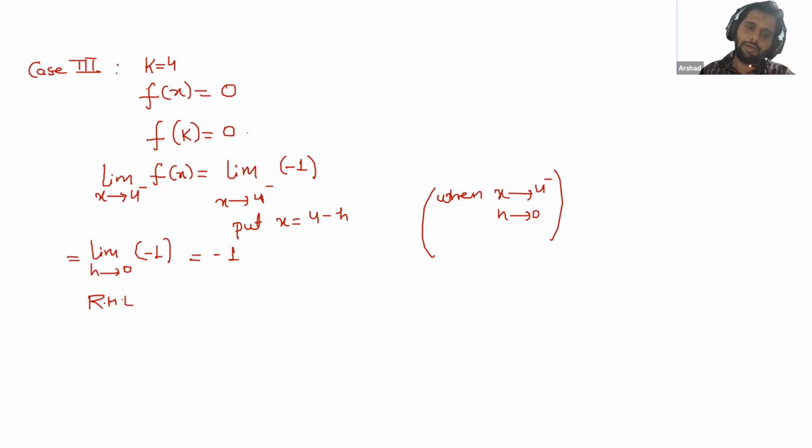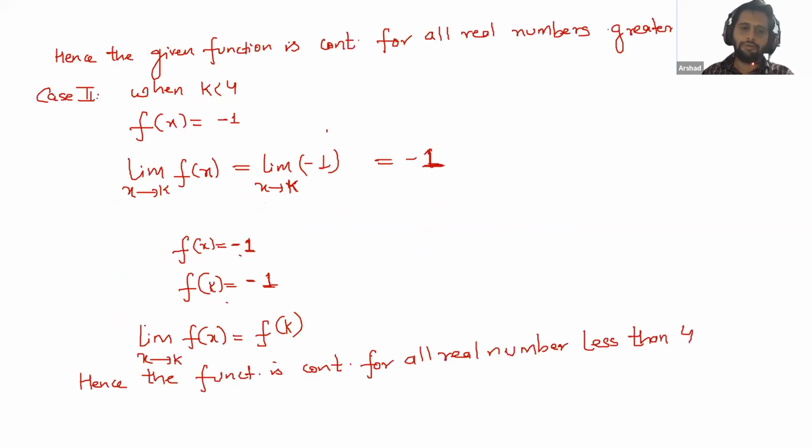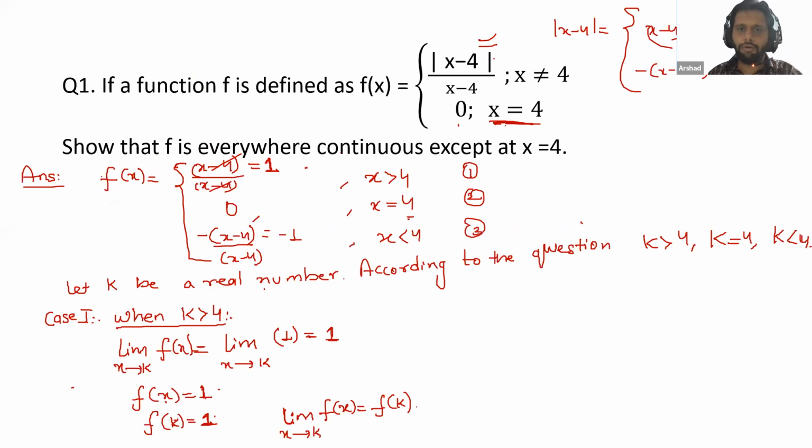Next, similarly, we will calculate the RHL at x is equal to 4. So we will write: limit x tends to 4 plus f(x). Rifat, can you tell me for RHL which function we will use? First one.